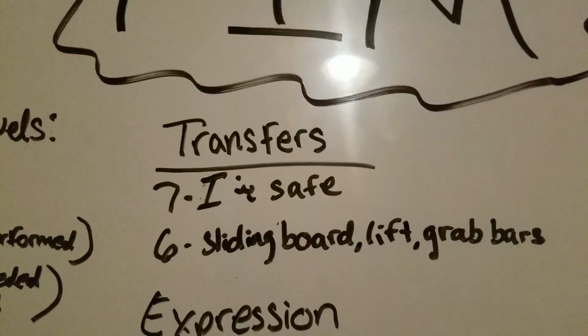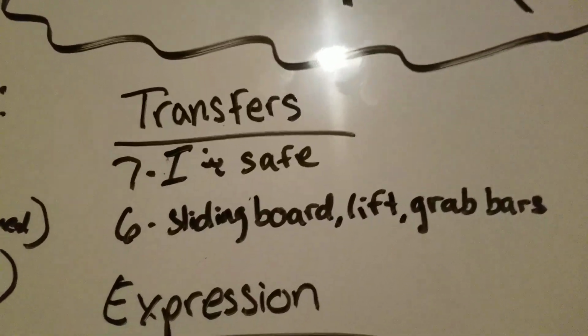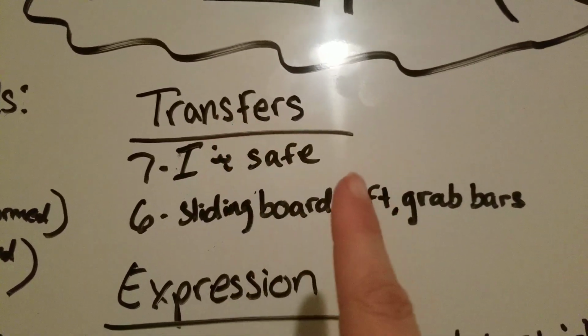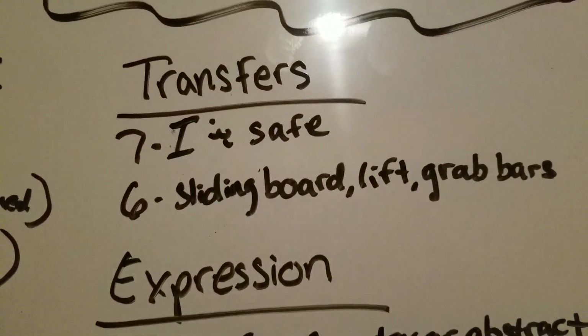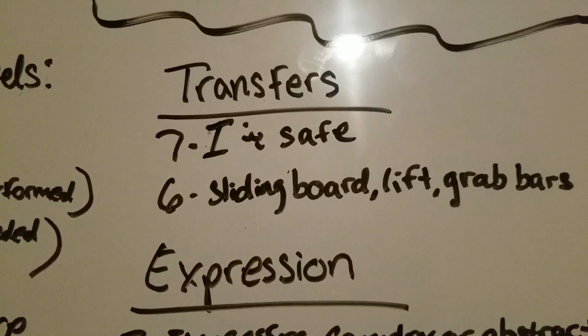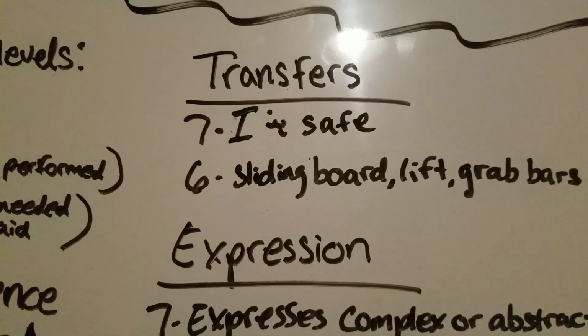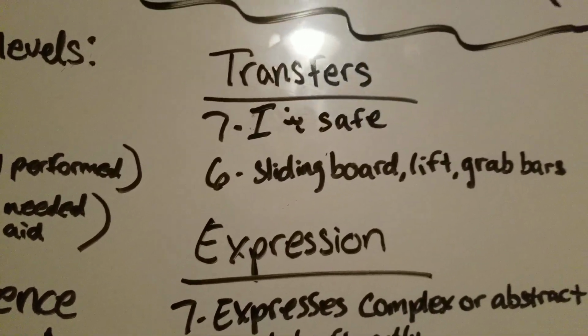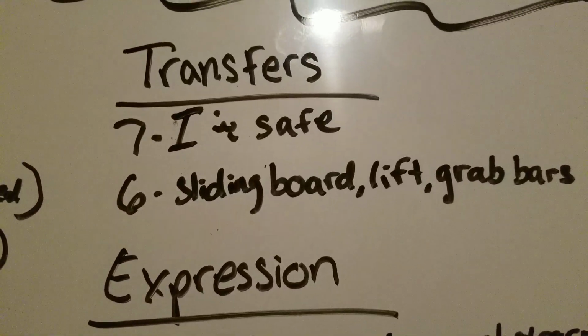Transfers. In order for the individual to be a 7, they have to be completely independent, safe 100%. Now this means that they are walking, they are going to the bed, to the shower chair, whatever it is, they're getting there themselves and they're doing it safely.